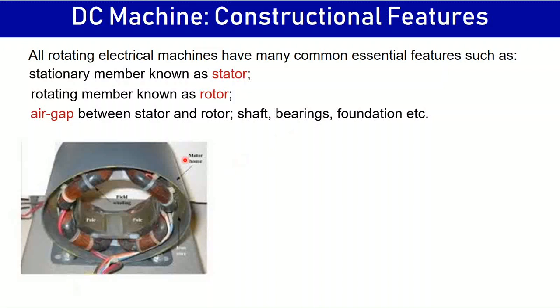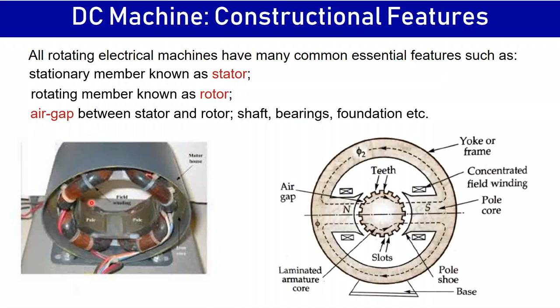So this is how the stator of a practical DC machine looks. Here, these are the poles for generating the magnetic field in the air gap. In the poles we have concentrated windings in which DC flows so as to create a magnetic field. If we see the cross section of this type of machine, it looks like this. Here, this is a two pole machine.